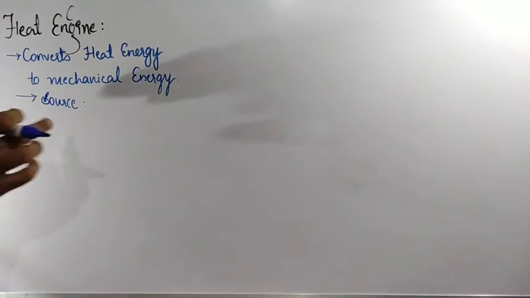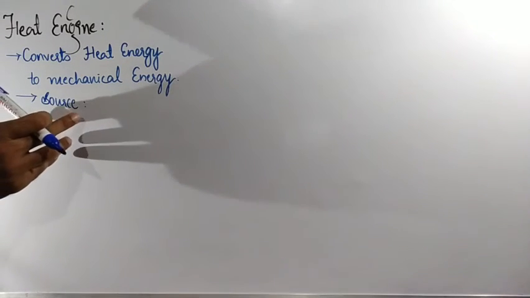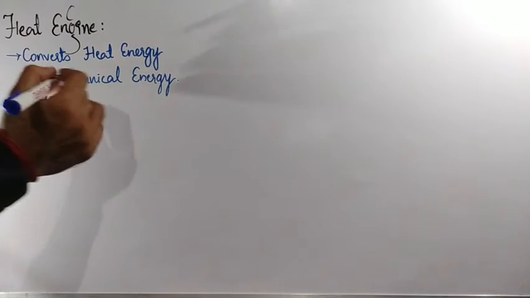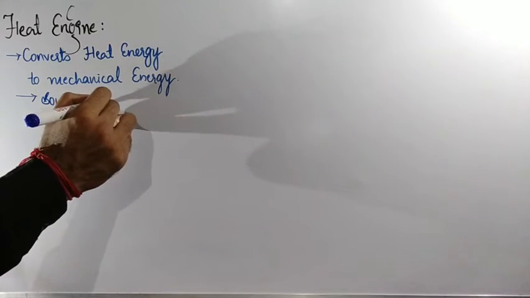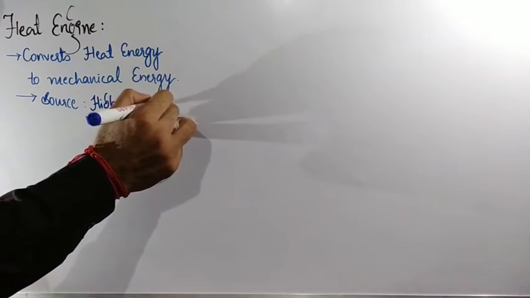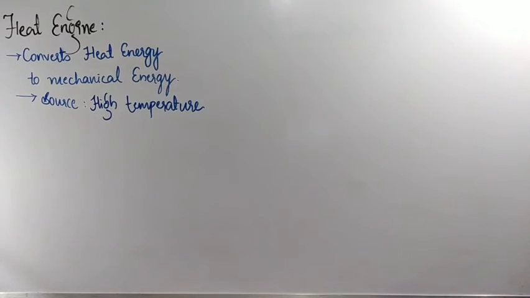In that manner, if I take some heat energy from the source, it doesn't affect the source. And this source will be at a very high temperature. In simple words, the temperature of the source will be high. This is the first term you have to remember.